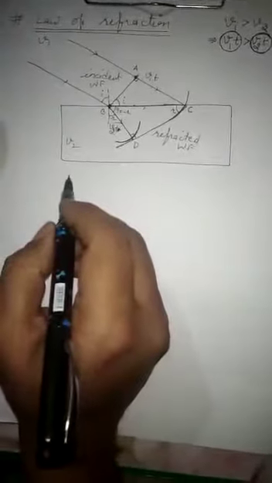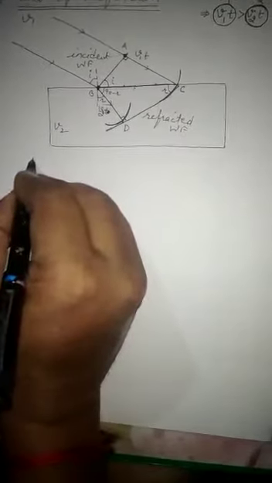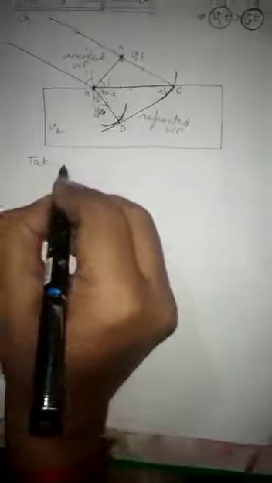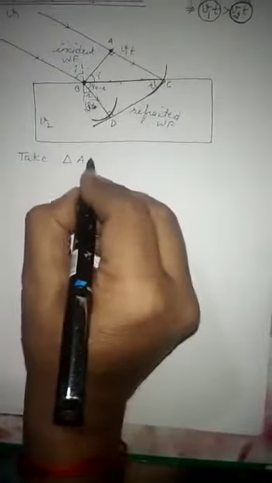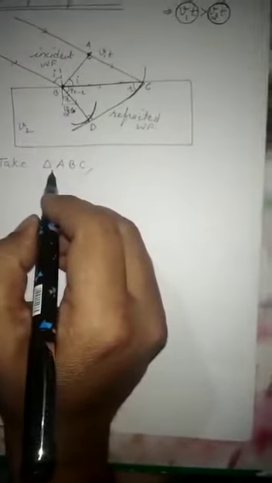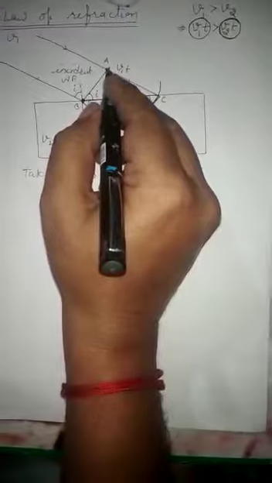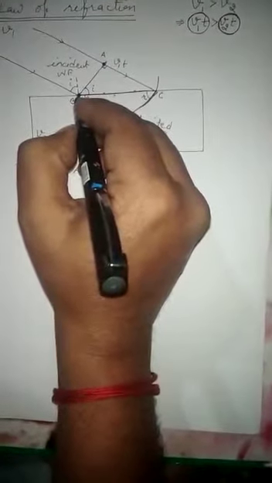Okay. So for the proof of law of refraction, we take the two triangles here. First of all, take triangle ABC. In this triangle, angle I is the incident angle, which makes an incident wavefront with the refracting surface.